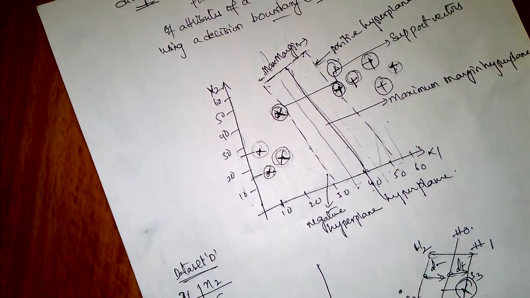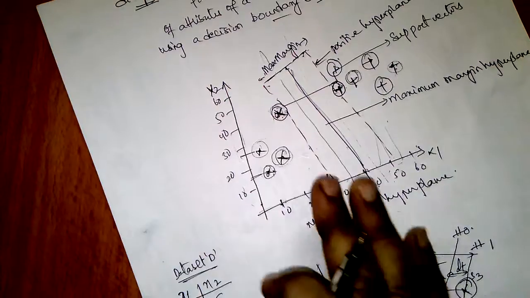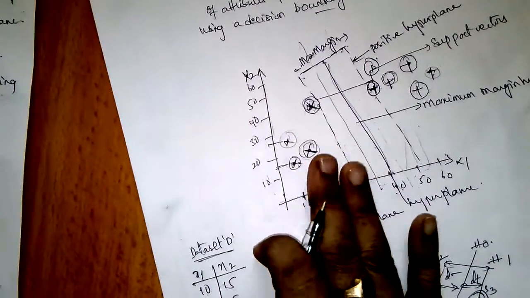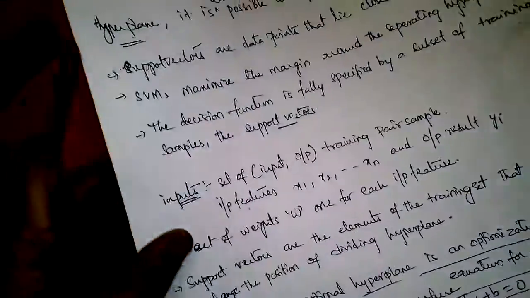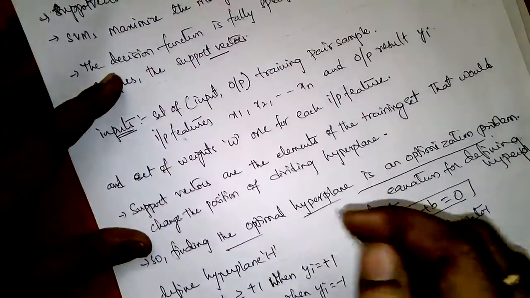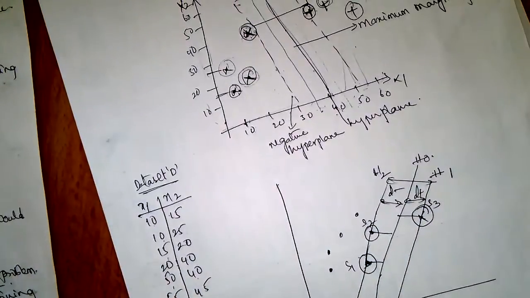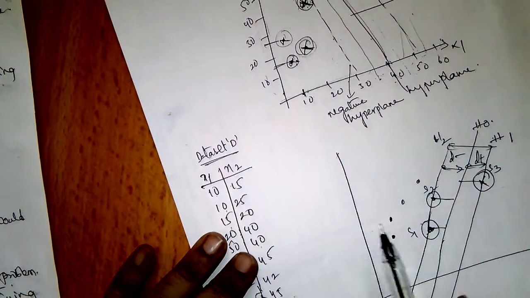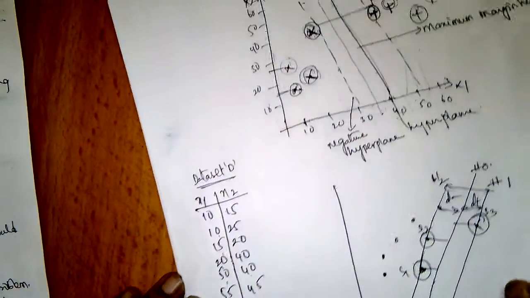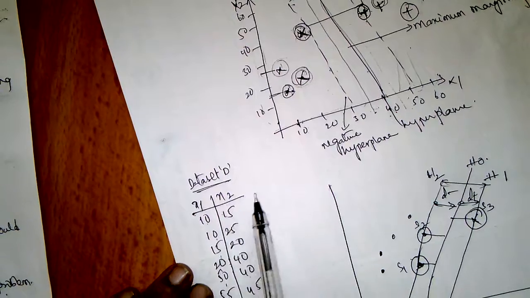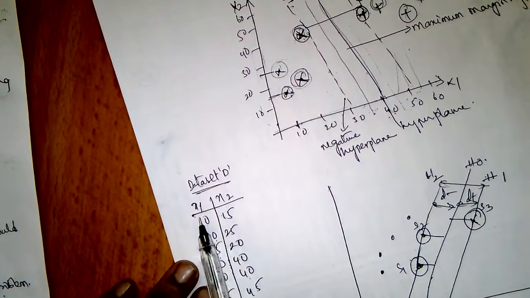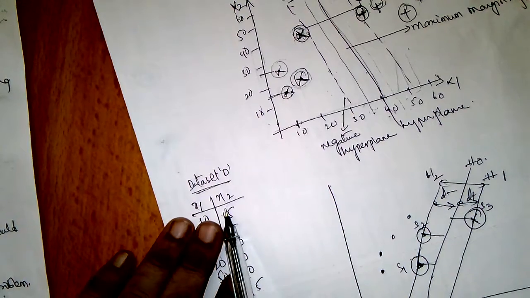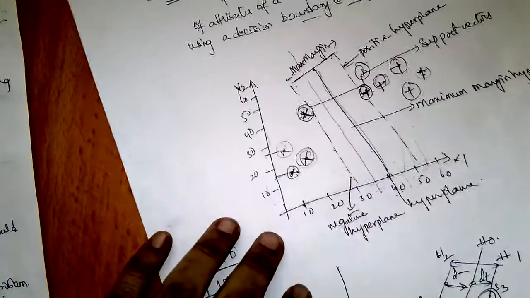Now, what are the inputs we give for this support vector machine? The set of inputs are the features, x1 and x2, and the result we call y.